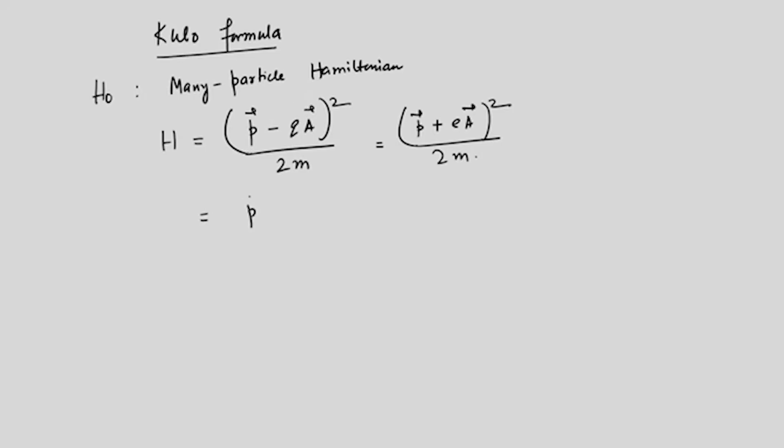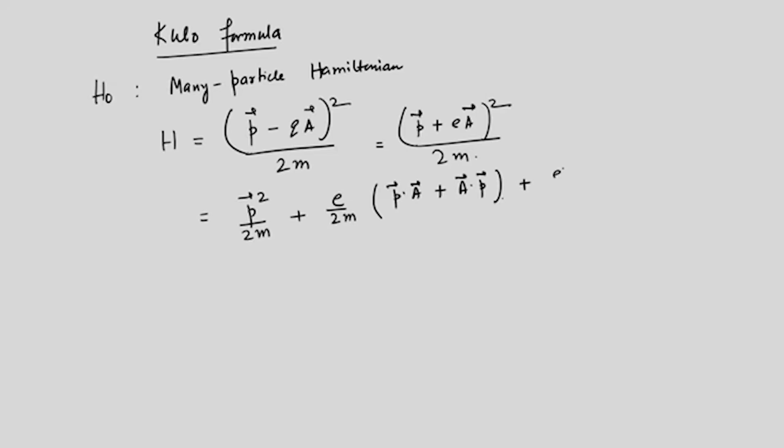This is P square over 2m, and then a term e over 2m times P dot A and A dot P. In general they do not commute, which is why we write them separately, but if you choose a particular gauge called the Coulomb gauge, which we will see, then these two terms can be combined into one term.